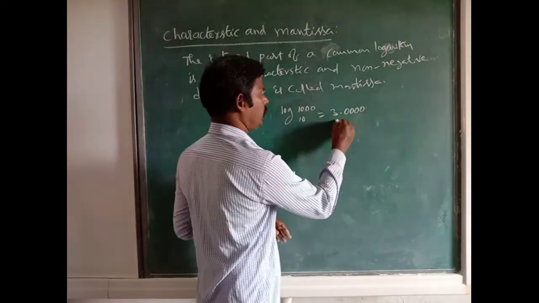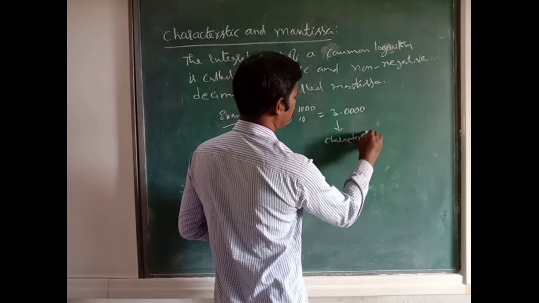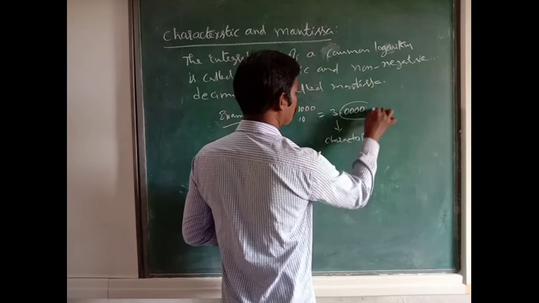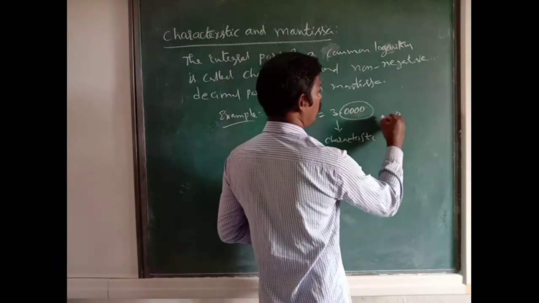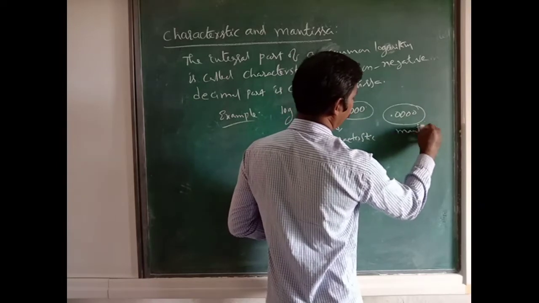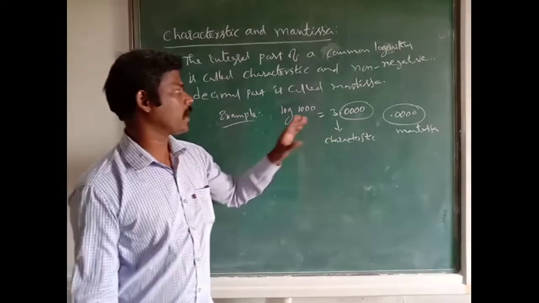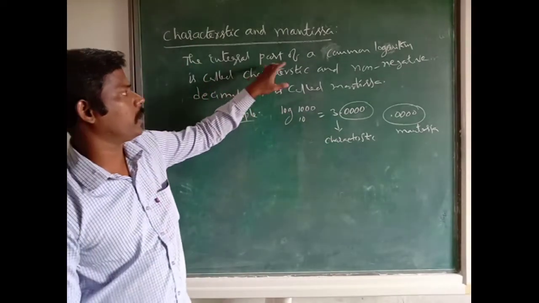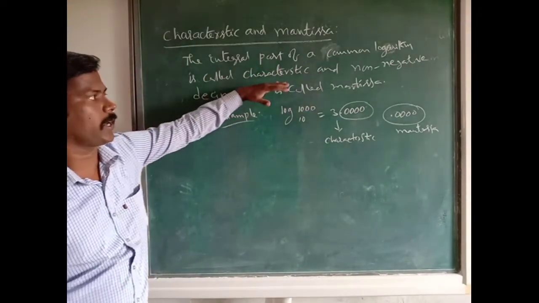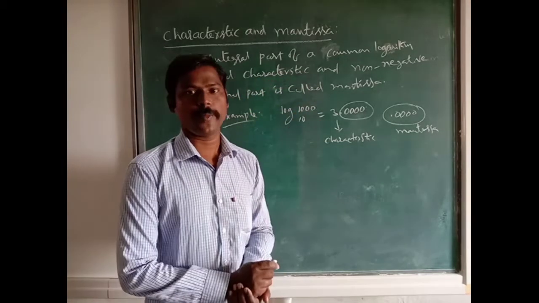So here 3 is called the characteristic. The decimal part, 0.0000, is called the mantissa. Okay students, so what is the characteristic? The integral part of a common logarithm is called the characteristic and the non-negative decimal part is called the mantissa.